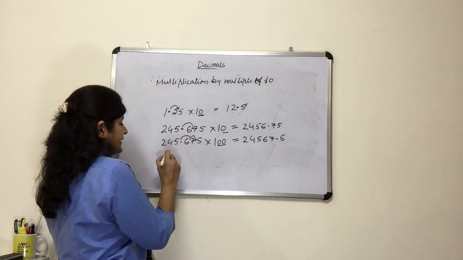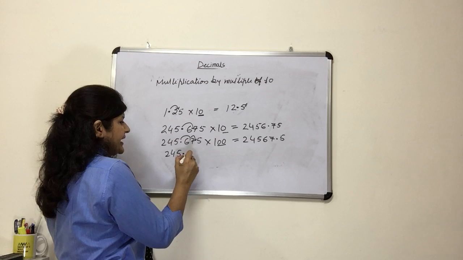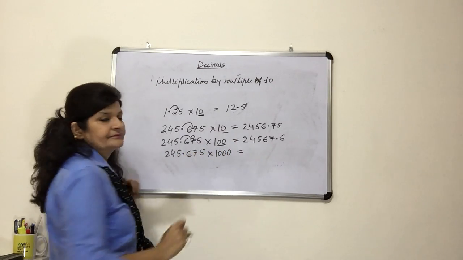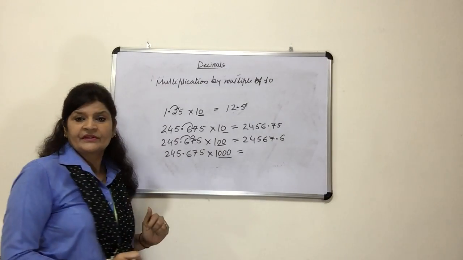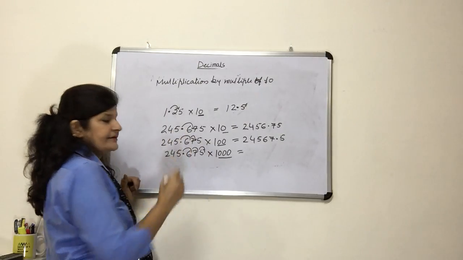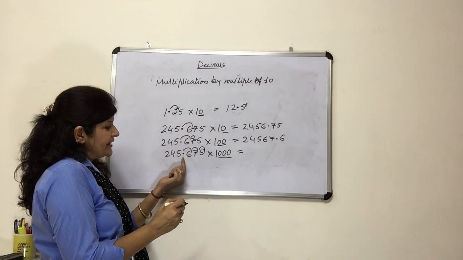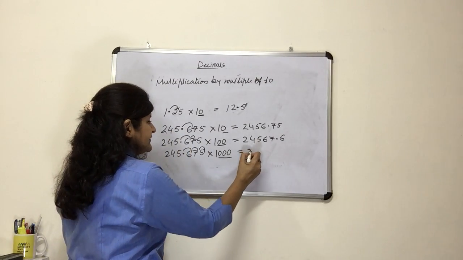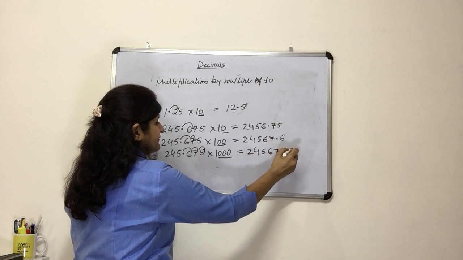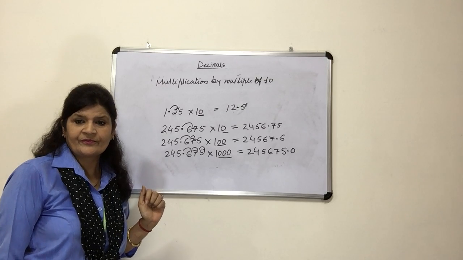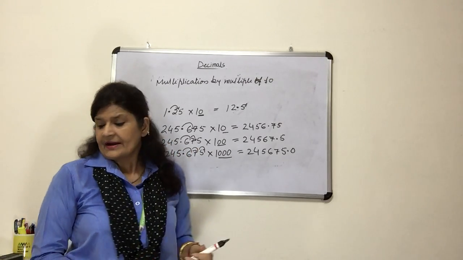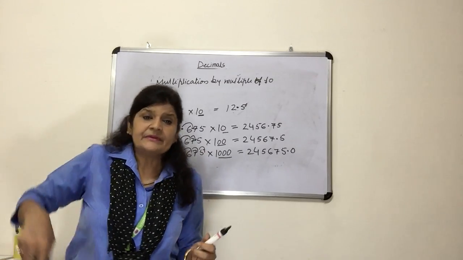Now if the same number I am multiplying with 1000, so 000, 3 steps, 1, 2 and 3. Right? So the decimal will move from here to after 5. So the answer will be 2, 4, 5, 6, 7, 5.0. Is this clear? So in this way we will do the multiplication of decimal numbers with multiples of 10.